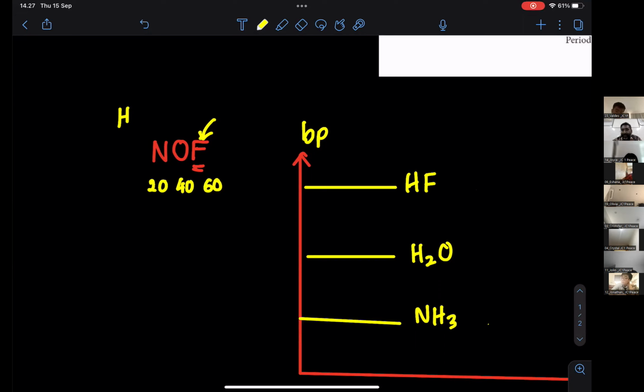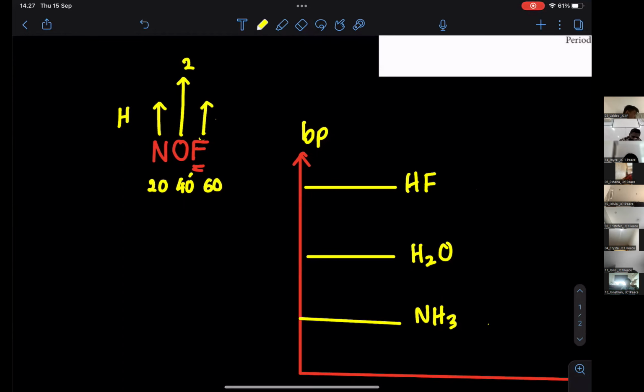I'm just giving values, and all these are for one hydrogen bond. But HF has one hydrogen bond, whereas oxygen has two.